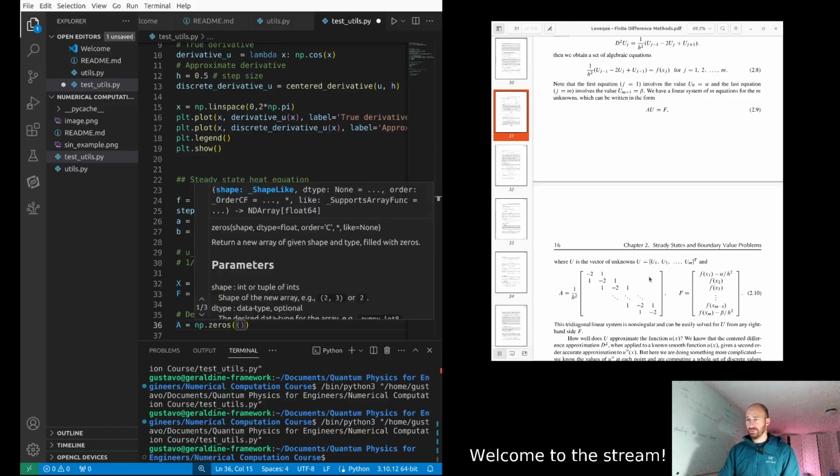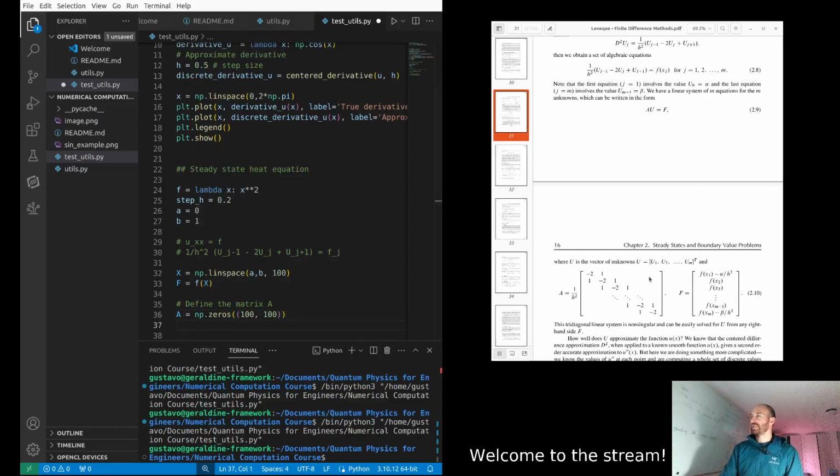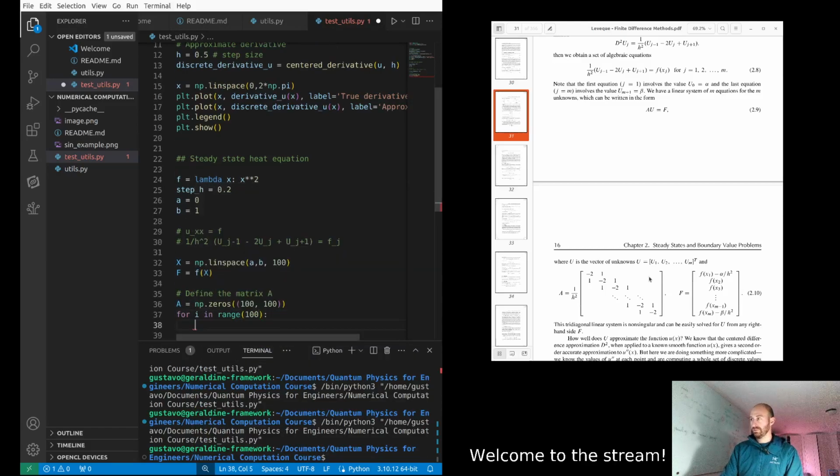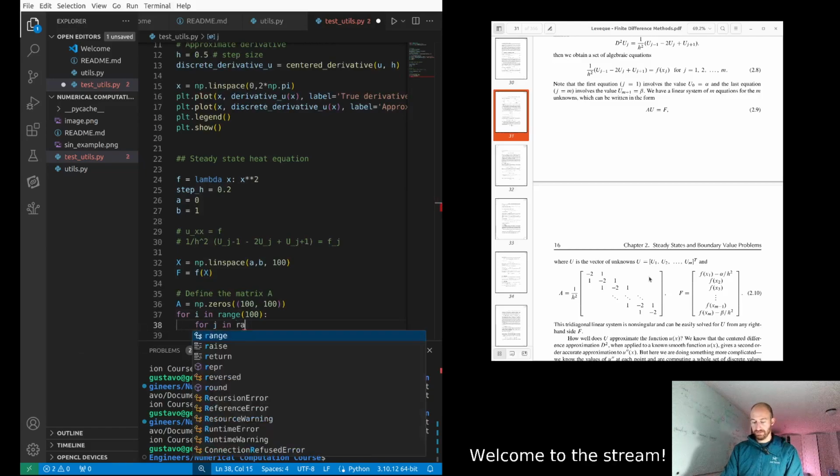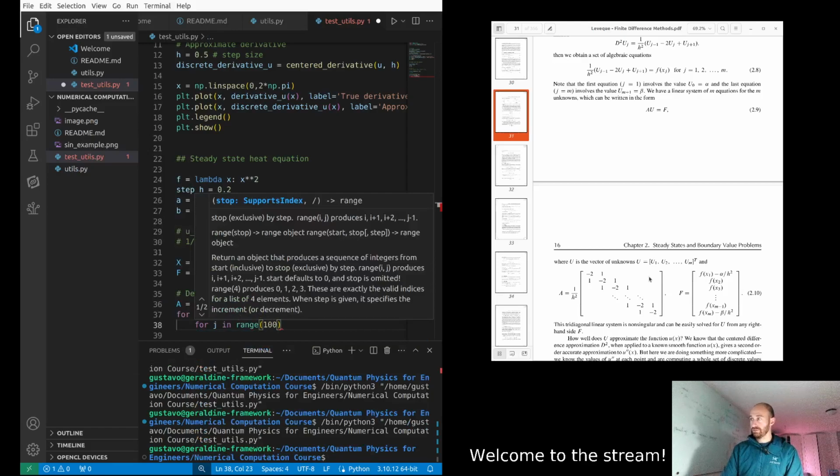The size is going to be 100 by 100, since we have 100 equations, and we're going to iterate through it: for i in range 100, and for j in range 100.